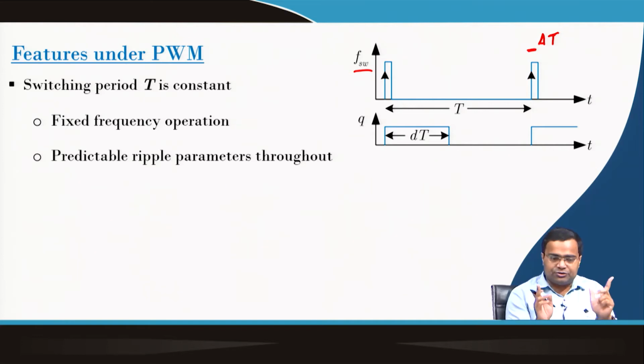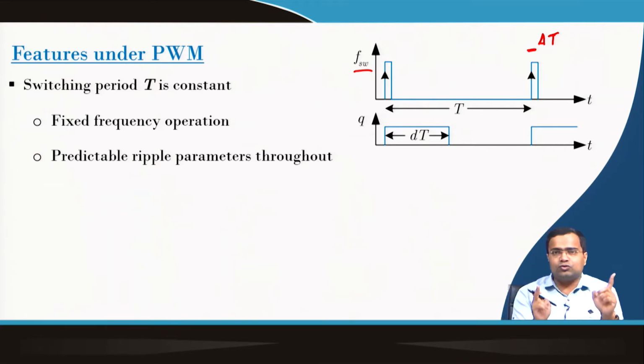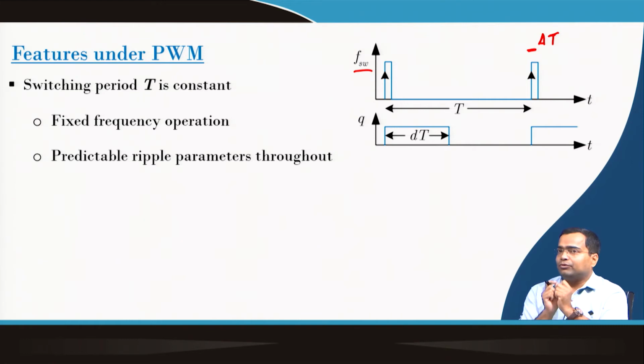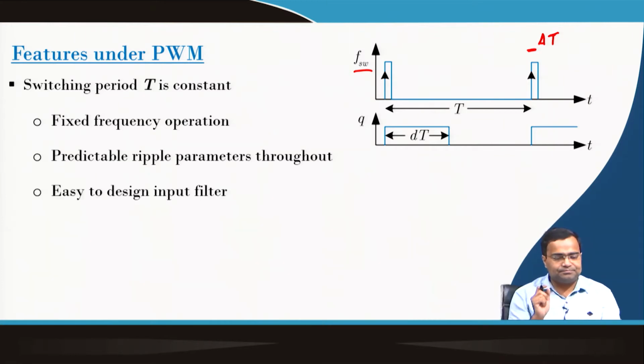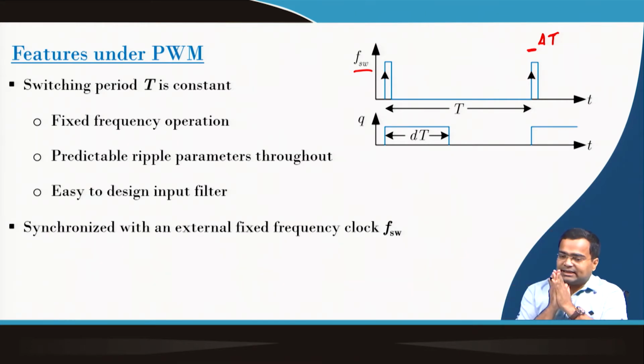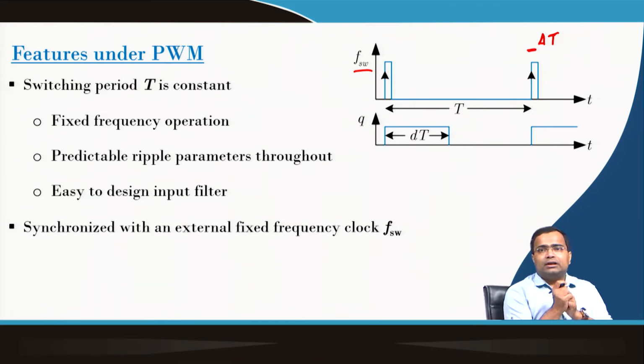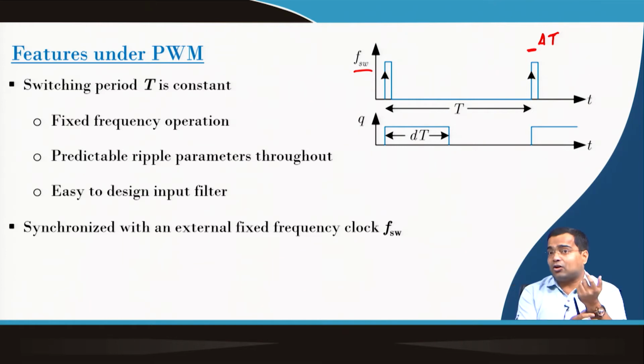So first we have to ensure that the closed loop operation is stable and periodic, and under fixed frequency operation we can predict the ripple parameter. If we fix the switching frequency, it will be easy to design an input filter.